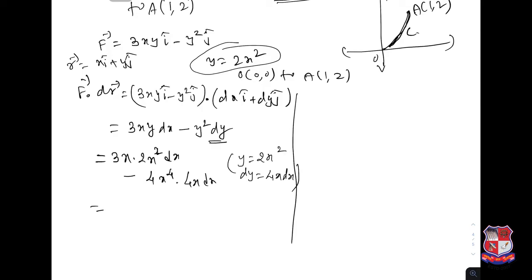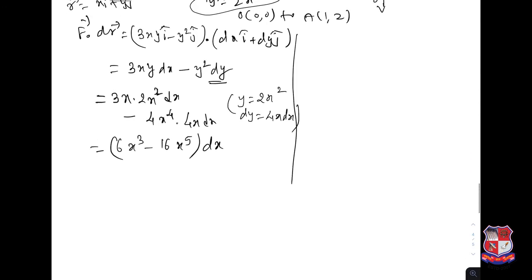So this is equal to 6x cube minus 16x power 5, dx. Okay, this is our f dot dr.